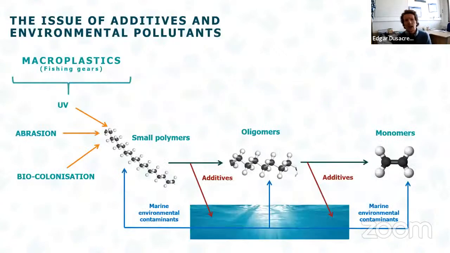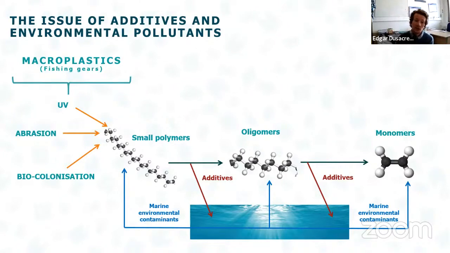In fact, currently, a lot of publications on these topics are saying that the effects of microplastics on organisms could come from additives. During their degradation due to UV, abrasion, biocolonization, and other factors, polymers can degrade into smaller polymers and oligomers.